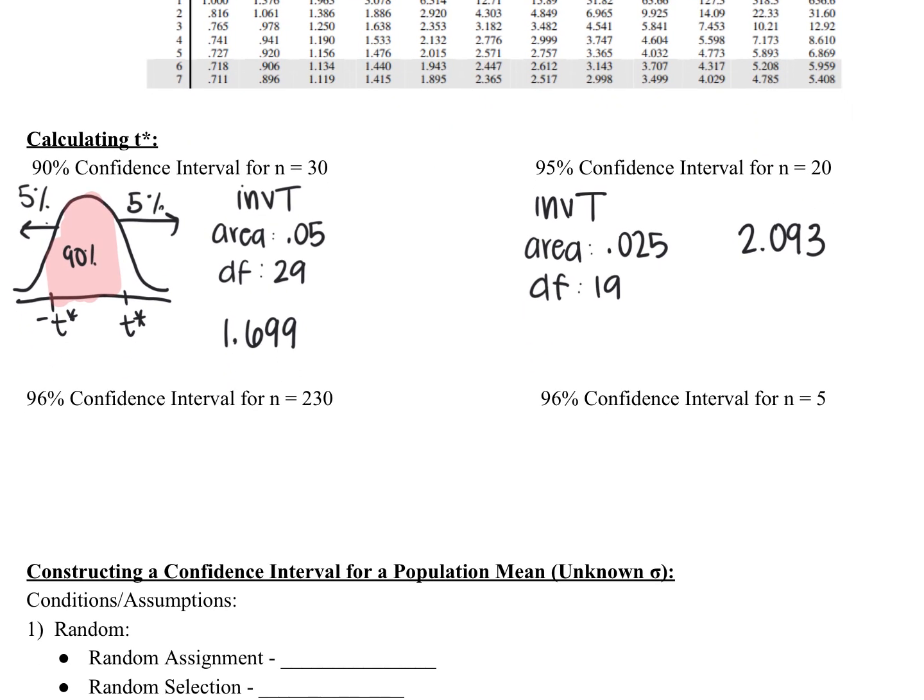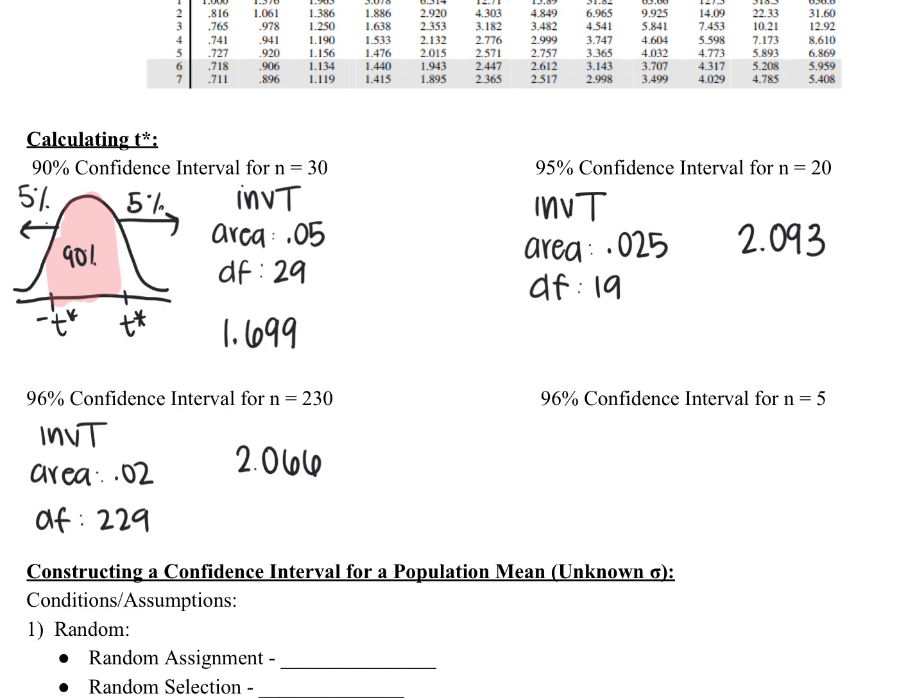Let's look at two examples with a 96% confidence interval, but with two different sample sizes, so you can see how the critical value changes based on the sample size. We'll do INVT. The area is going to be 0.02, because you have your 4% that you split in half, and degrees of freedom are going to be 229. It's going to give us 2.066.